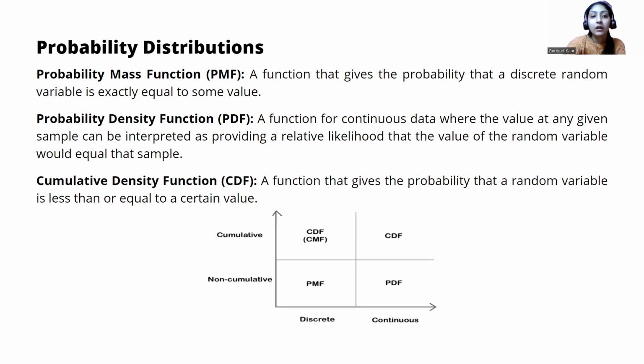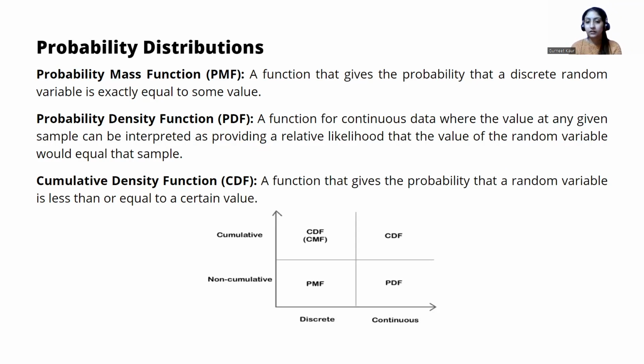Now let's understand what the probability density function is, right? It is a statistical term that describes the probability distribution of a continuous random variable, where the value at any given sample can be interpreted as providing a relative likelihood that the value of the random variable would equal that sample, right?